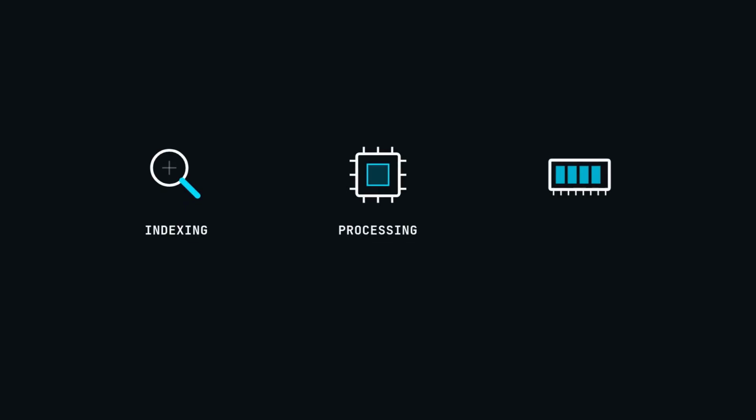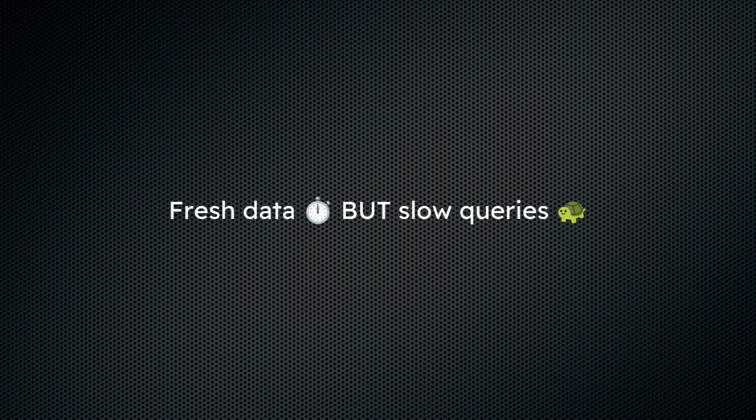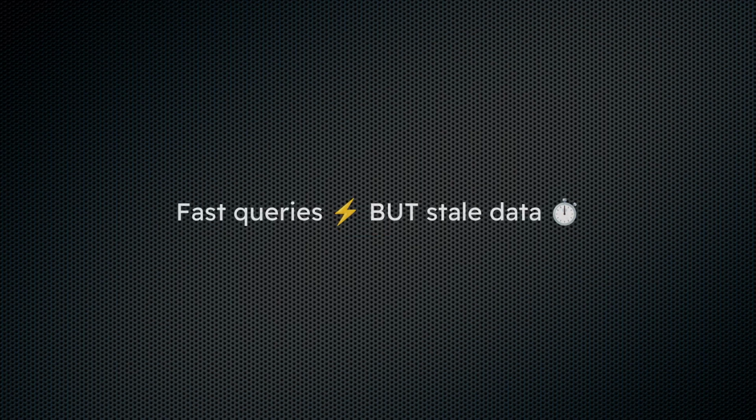Key factors include indexing, hardware resources like CPU and memory, caching, query optimization, and how data is physically organized on disk. You can have very fresh data but slow queries, or very fast queries but stale data. These two dimensions are independent, but they interact in important ways.